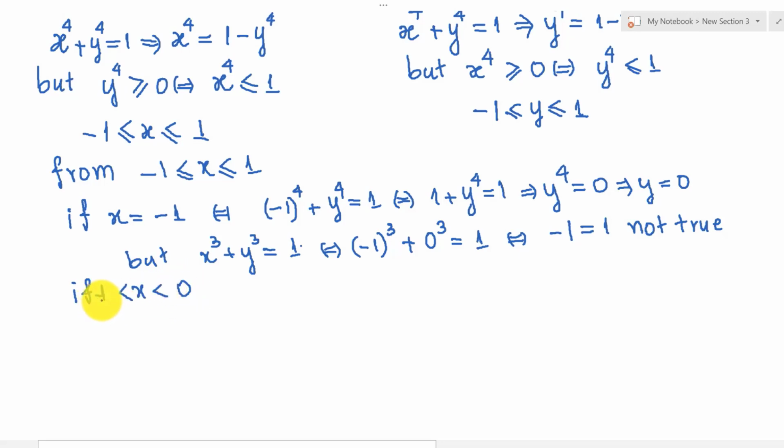Okay, now if x is bigger than -1 but smaller than 0, so if -1 is smaller than x and x is smaller than 0, we get x^3 is smaller than 0.